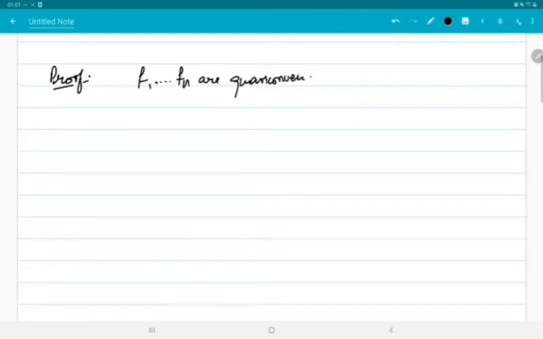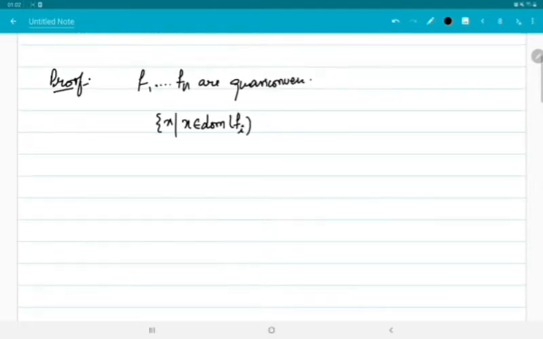So if this is the case, then we can say that for all f's, the set of all x such that x belongs to the domain of fi and fi of x is less than or equal to alpha is the alpha sublevel set of fi.